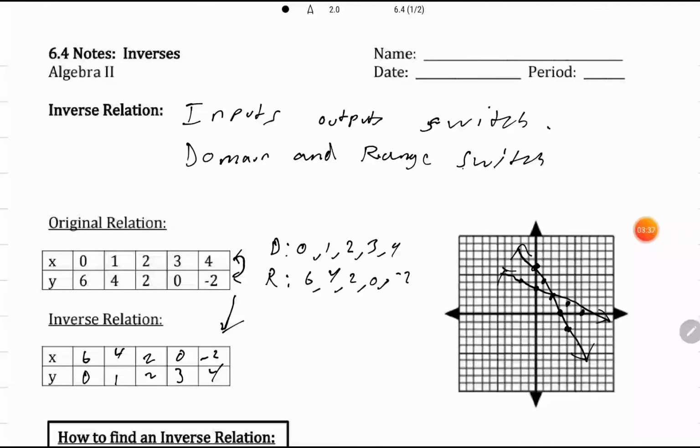Okay. Drew that line pretty incorrectly, but that's okay. Let's move on.